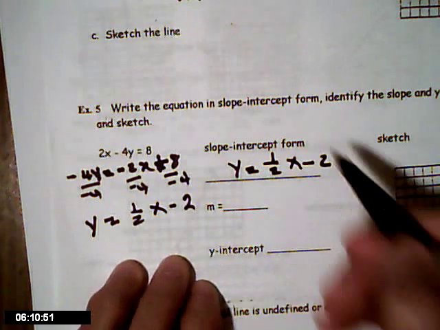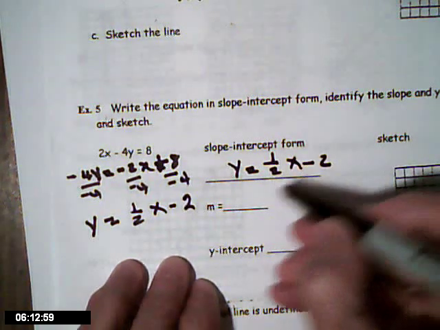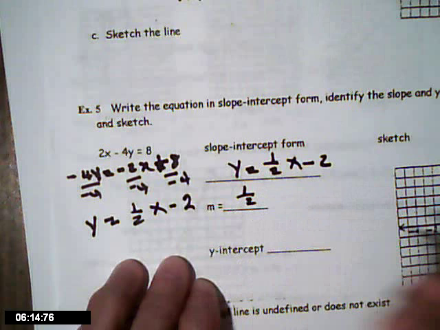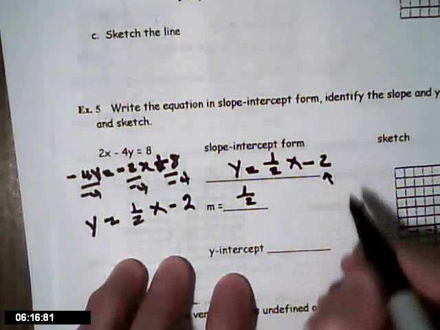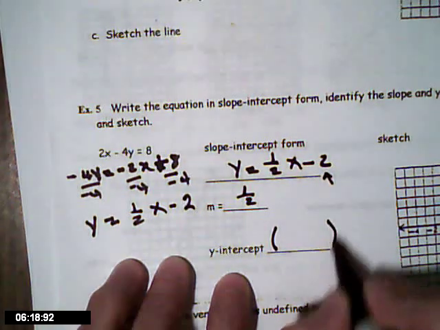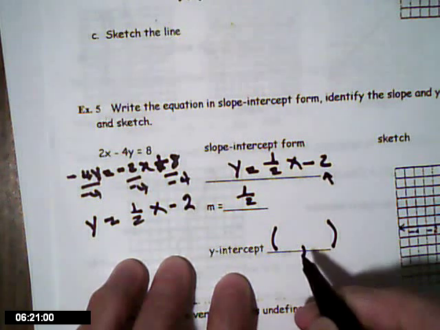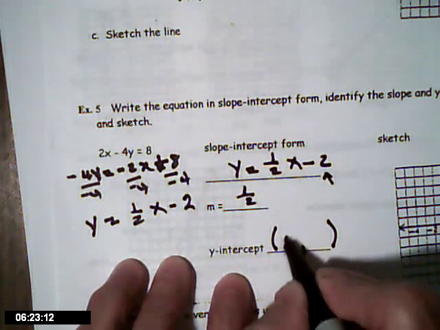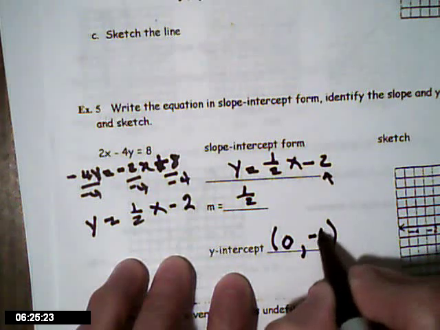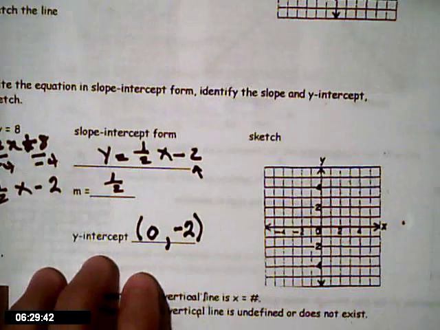Now, in this form, the slope is always the number in front of x, so that's 1/2. The y-intercept is always the number on the end, but remember from lesson 1, a y-intercept is a point, so it's an ordered pair, where x is 0, so that number goes there. Now, if we want to sketch this, we're going to use that information.